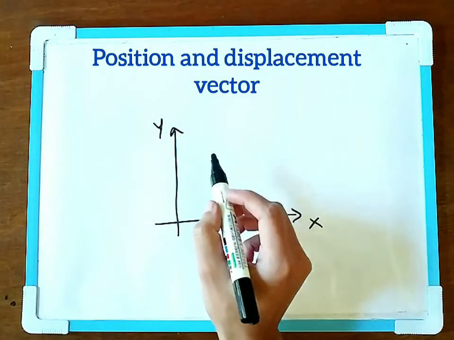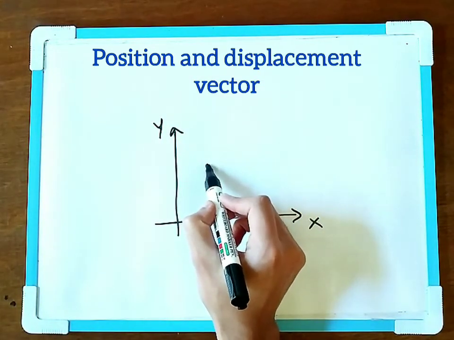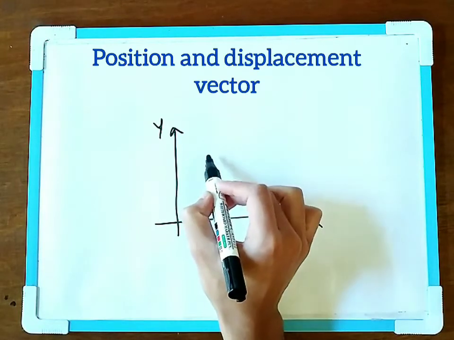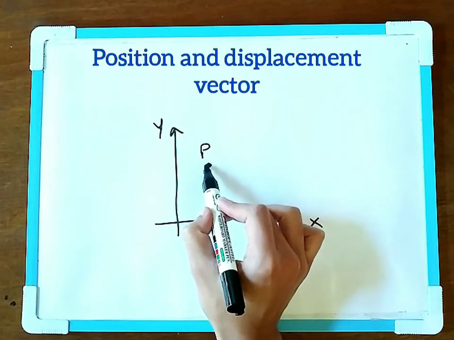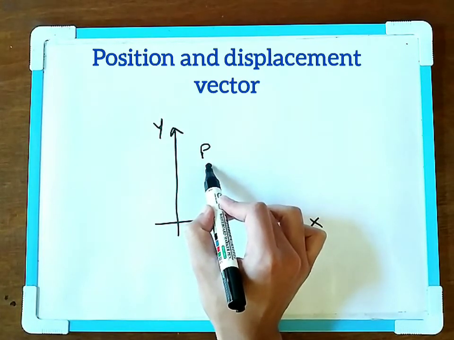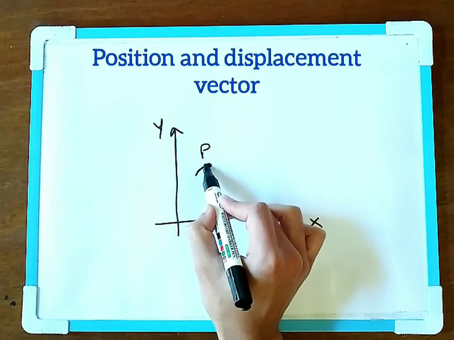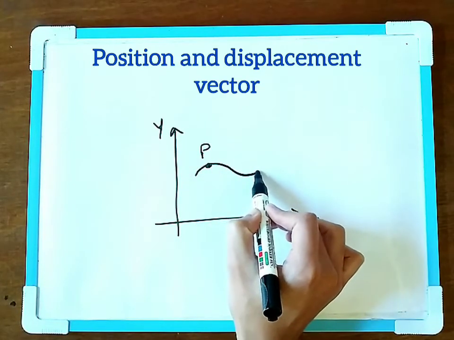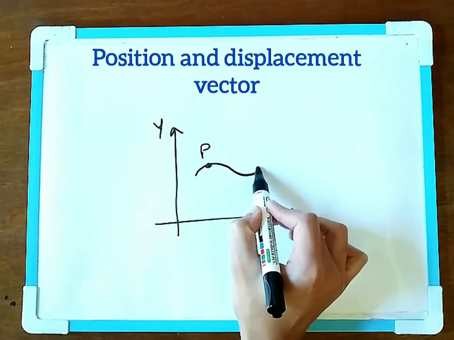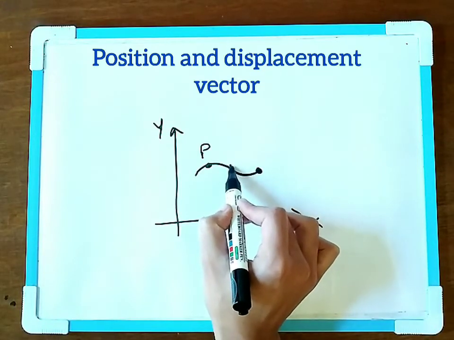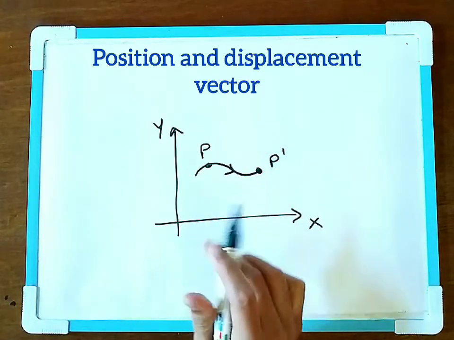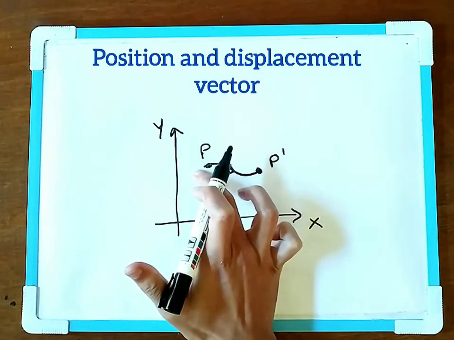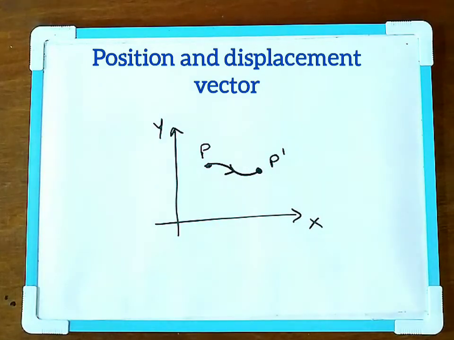Let us say the object is at this point, P, and it moves in a curve, say in this manner, to this position, P dash. So it moves from P to P dash.